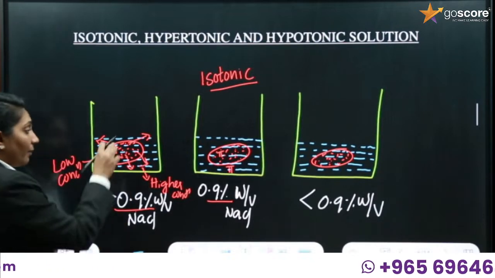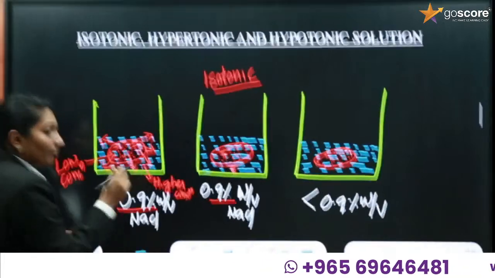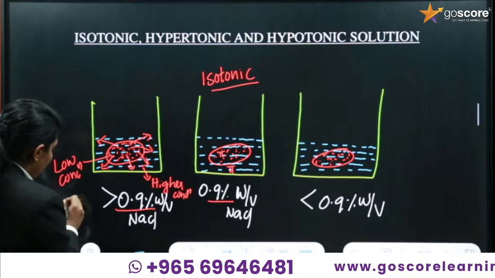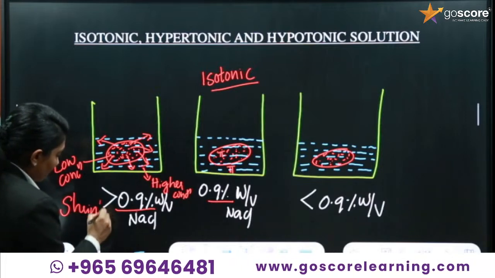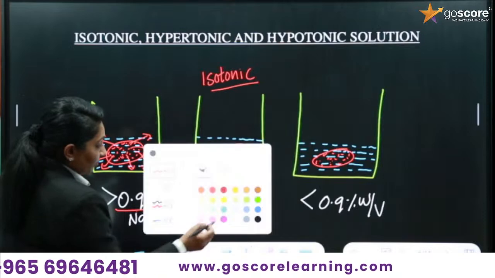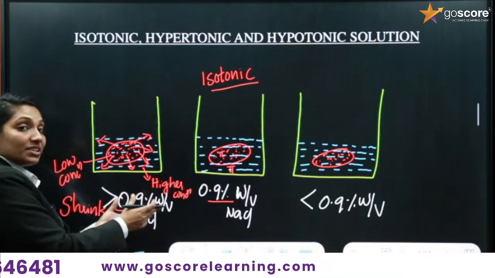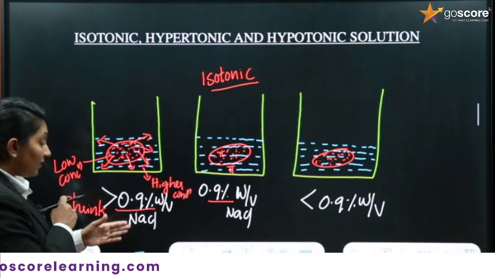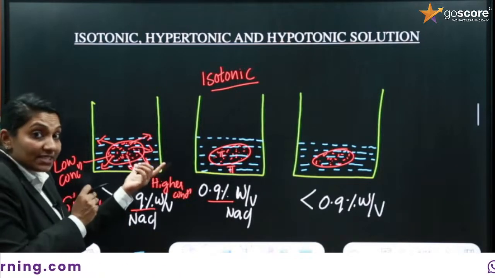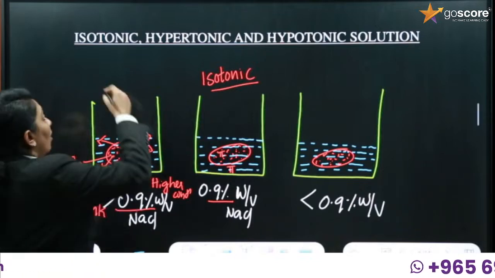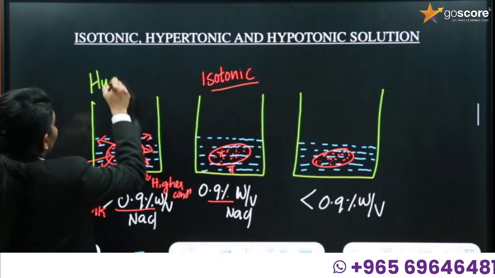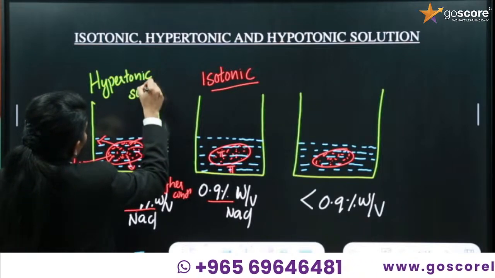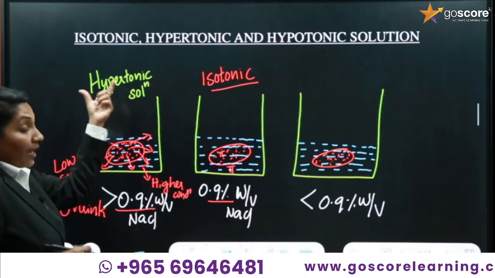Then ultimately, what will happen if all the water inside the cell is coming out? The cell will shrink, right? The cell starts to shrink. So this type of solution, having a concentration greater than 0.9 percentage weight by volume, which causes the RBC to shrink, is called a hypertonic solution.